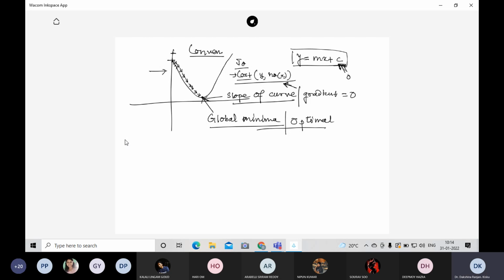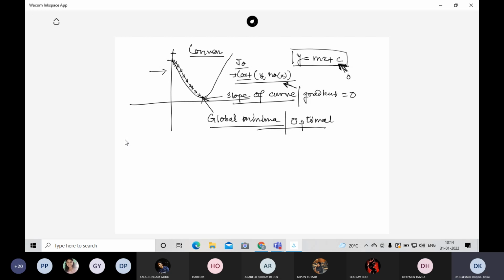We will fit the model parameters by changing the intercept or some other parameters which will be defined for that particular hypothesis representation. In this way we can achieve this convex representation, and we can obtain it using gradient descent.